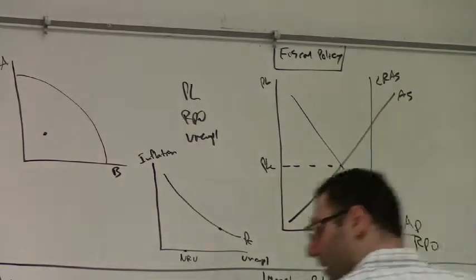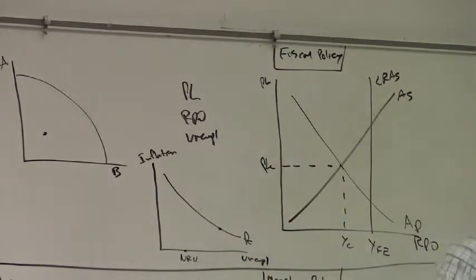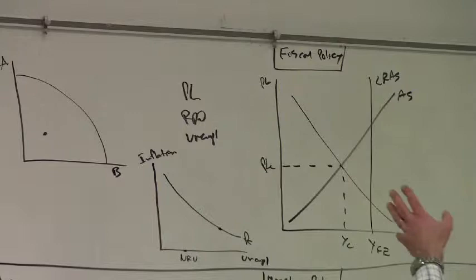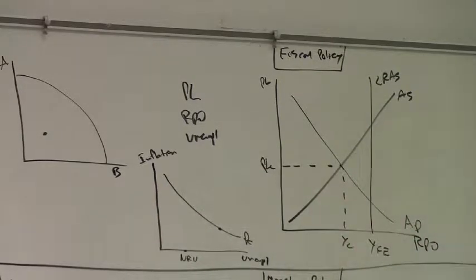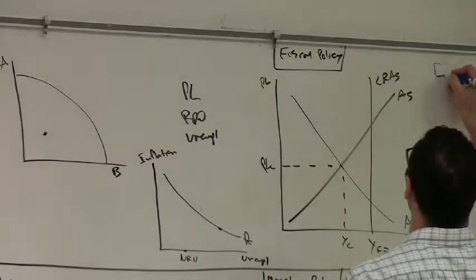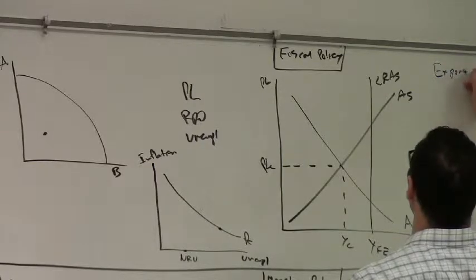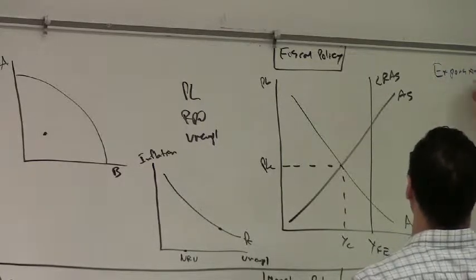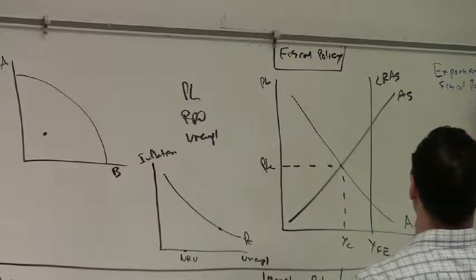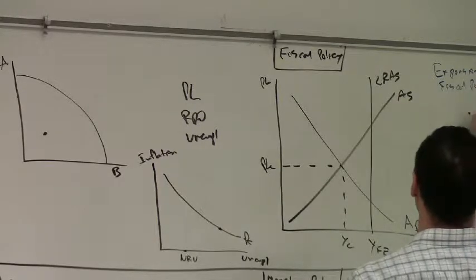The solutions I'm going to do in blue. So fiscal policy or monetary policy solutions will be in blue. Since we have a recession, what kind of fiscal policy do we need? This is government expansion. There are two tools, taxes and government spending.